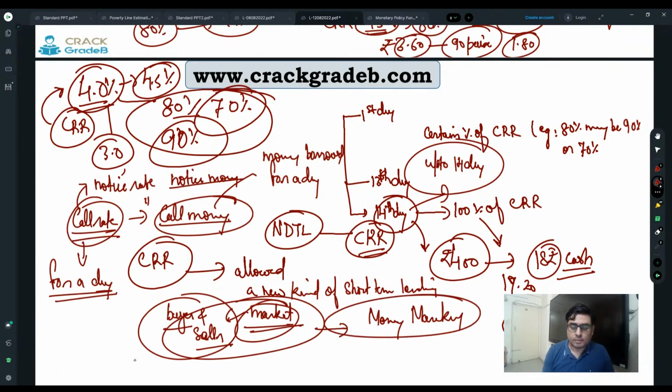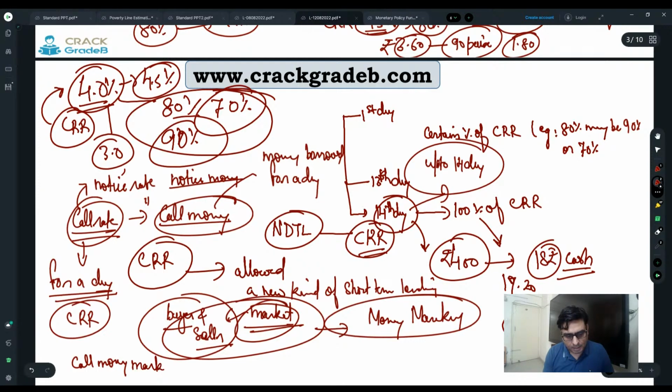In that money market, short term lending and depositing happens on the basis of CRR requirement, and there are the call rate and notice rate, call money and notice money, right? So it is the call money market.